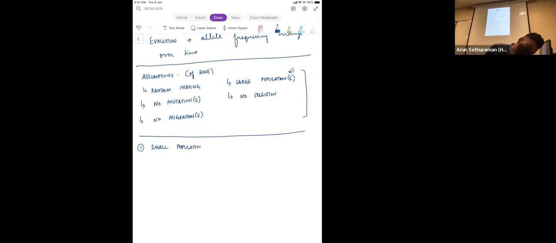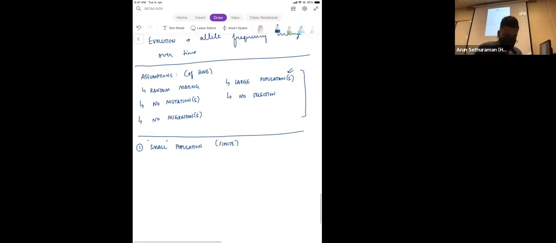Again, small is in quotes here. Let's just call it a finite population. So in other words, it's not infinite. It's a finite population, and let's say that the total size of this population is n. Okay, so you have n total individuals who are diploid biallelic at the same single locus.